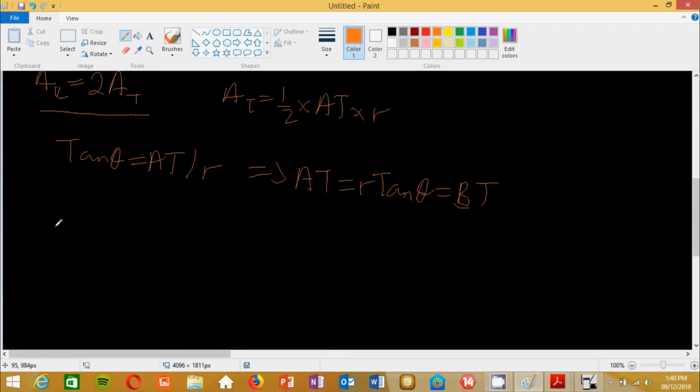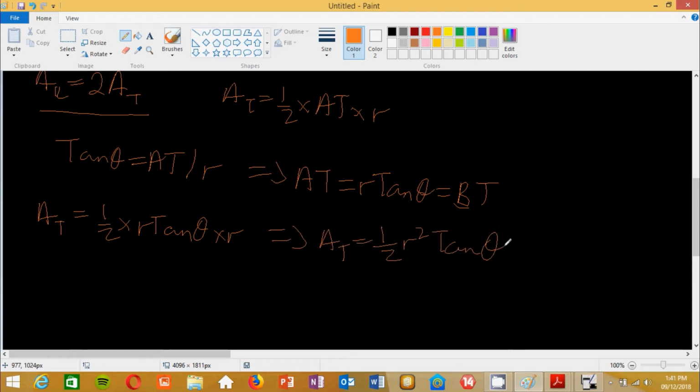So the area of the triangle, therefore, is equal to a half multiplied by R tan theta multiplied by R. And what does that give me? This is the area of the triangle, which is a half r squared tan theta.